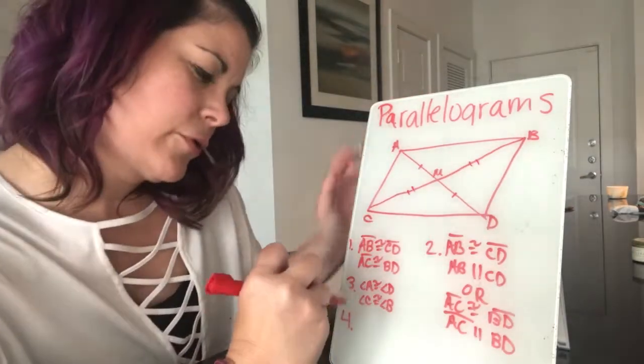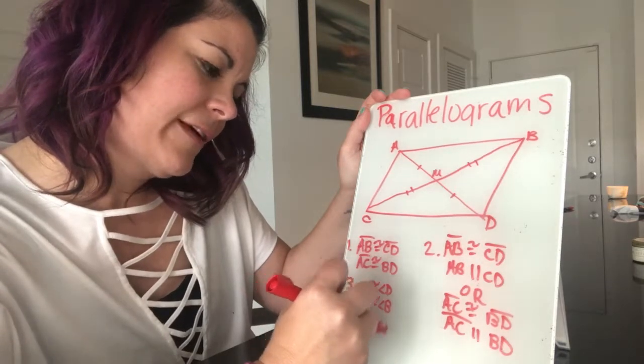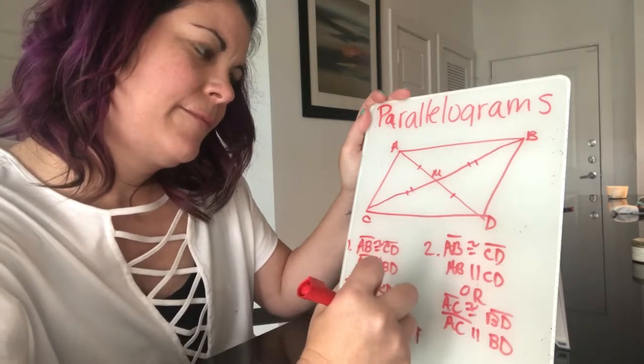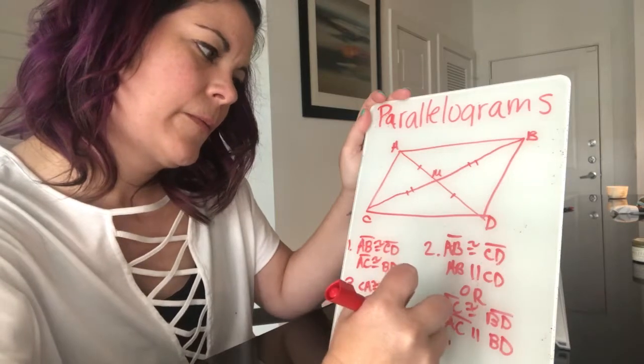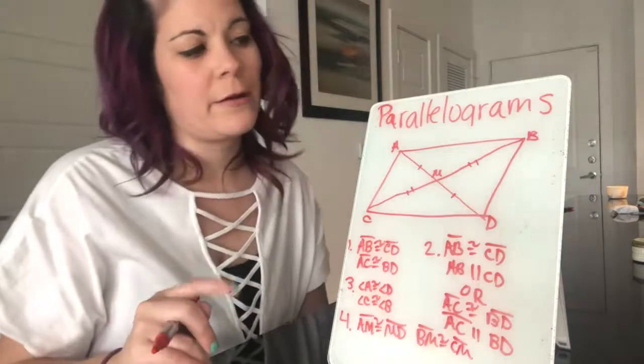So if you can prove that AM is congruent to MD and BM is congruent to CM, then you can state that it is a parallelogram.